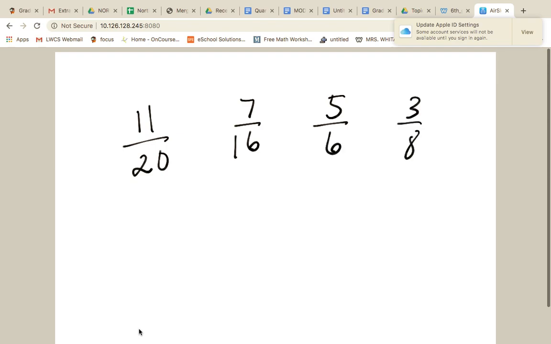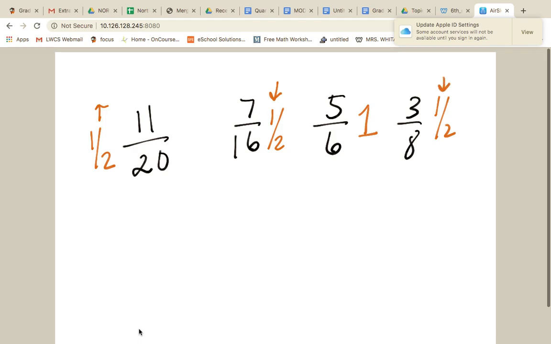So I might use the benchmark fraction, and I say, well, 11 over 20 is almost half. It's actually a little bit larger, so I'm going to put a plus arrow. 7 over 16 is almost half also, but it's actually a little bit less, so I'll do a down arrow. 5 over 6 is close to 1 whole, and 3 over 8 is close to half, but again, it's 1 below.